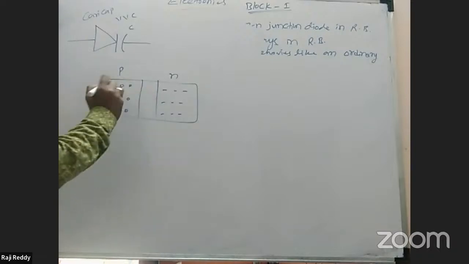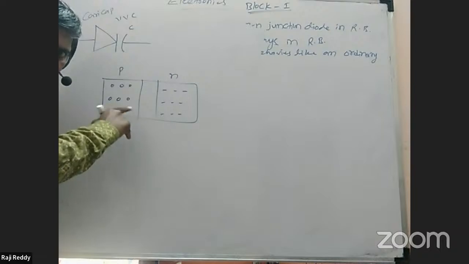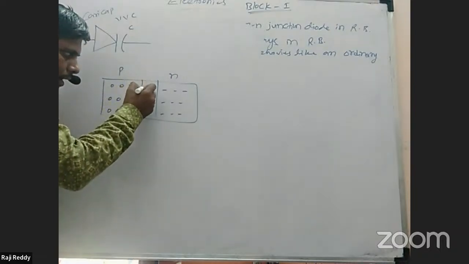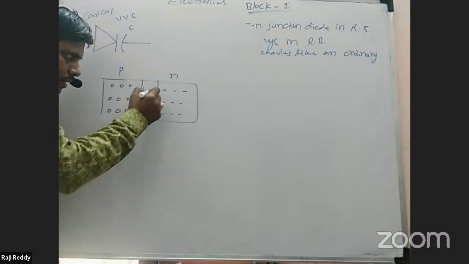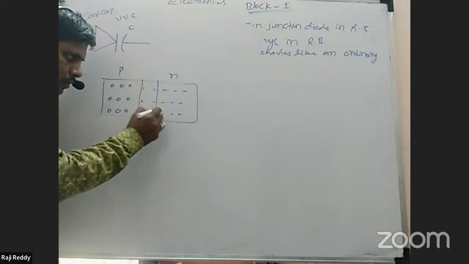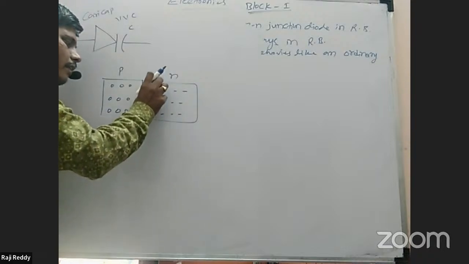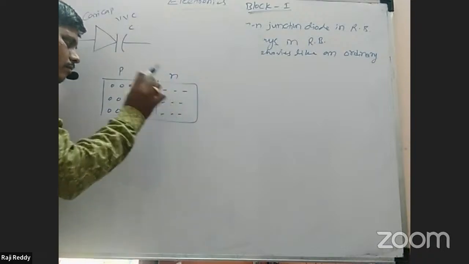When it is connected in forward bias or reverse bias across the depletion layer, positive ions are at this edge of the depletion layer and negative ions at this edge. But it won't stay here in the varicap diode.